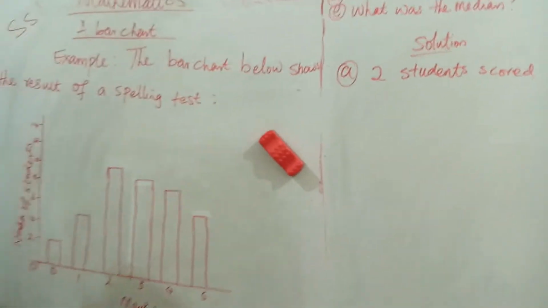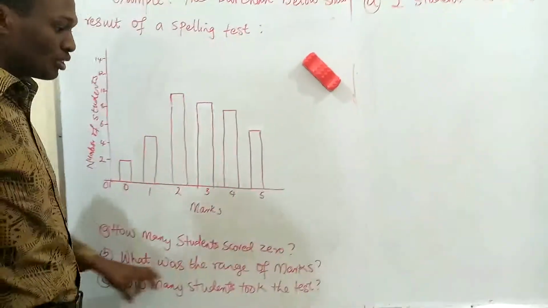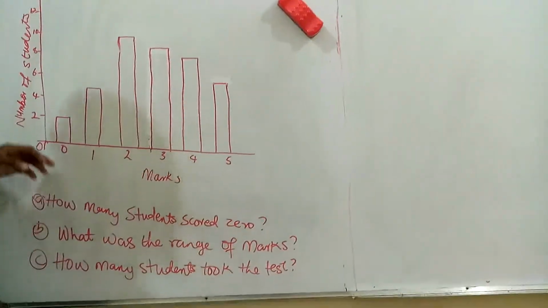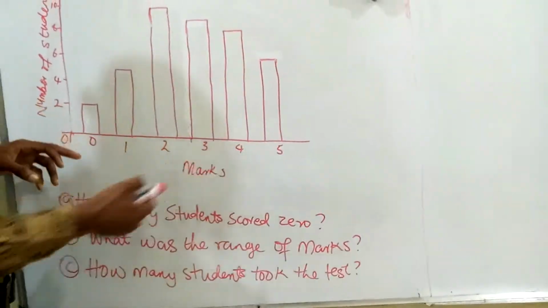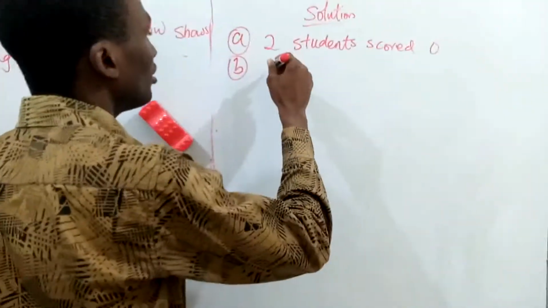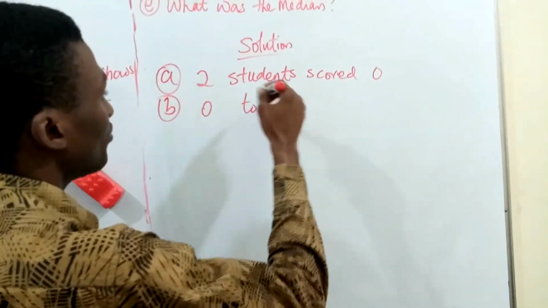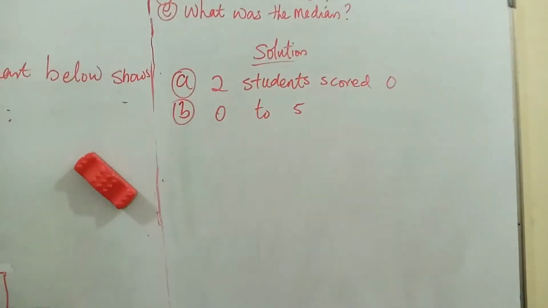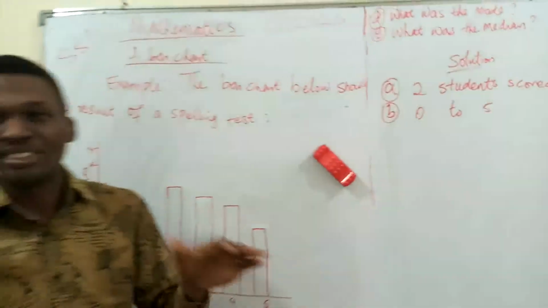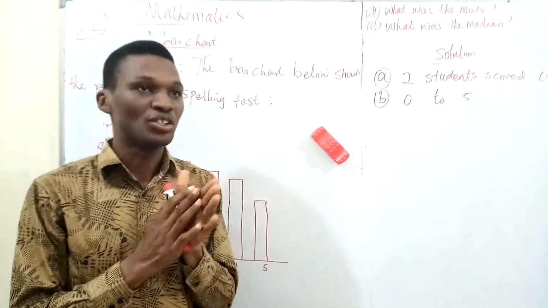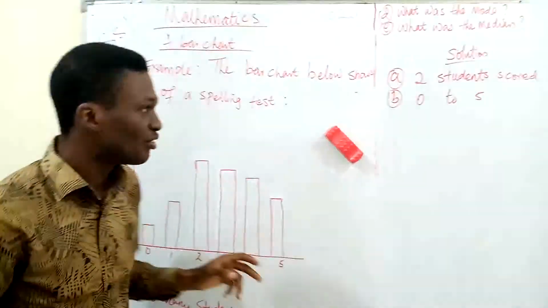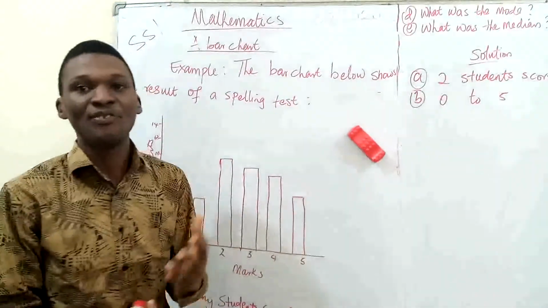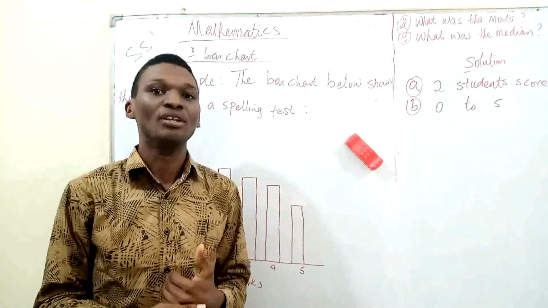Now, what was the range of marks? You can see that the marks range from 0 to 5. When you did measures of central tendency in junior school, we talked about mean, median, and mode, and I remember we also talked about range, where we say range refers to the difference between the highest and the lowest value.